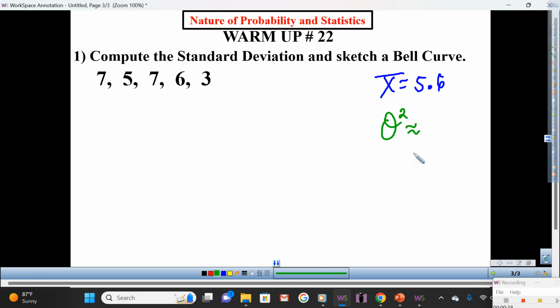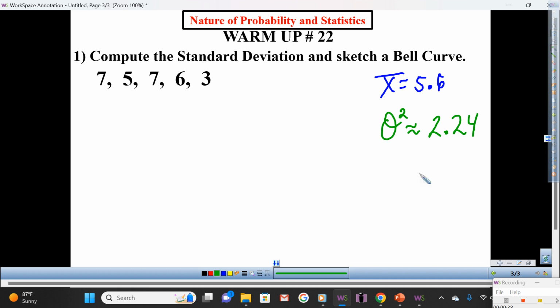What'd you get for standard deviation squared? Alex: 2.24. Hands if you got something like that.